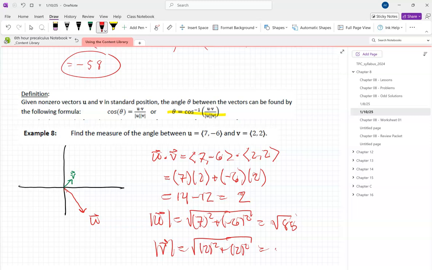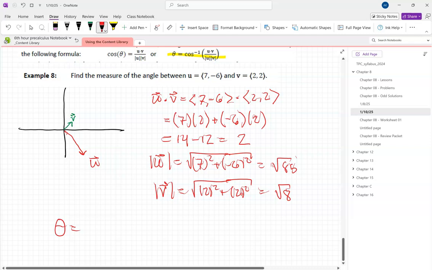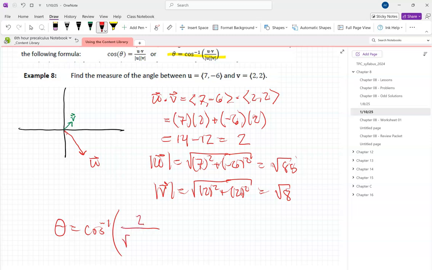So 4 plus 4 is 8. So my answer is going to be the cosine inverse of 2 divided by square root 85 times square root 8.